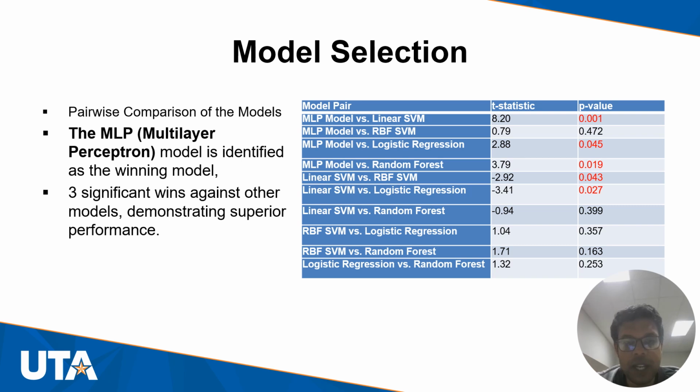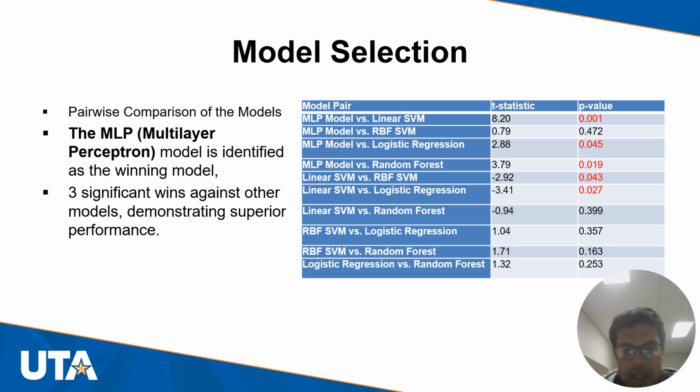For that, we have to do a pairwise comparison of the models using t-tests. As you can see, the first pair, MLP and linear SVM, was found significant, where MLP won with a p-value of 0.001.